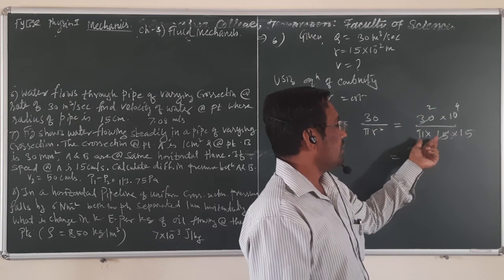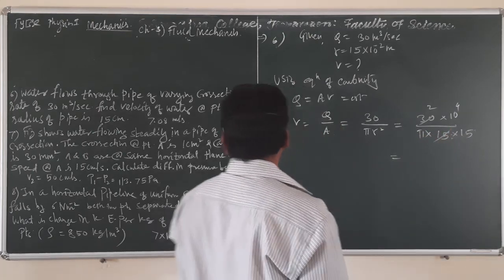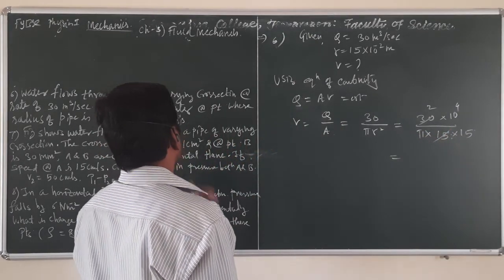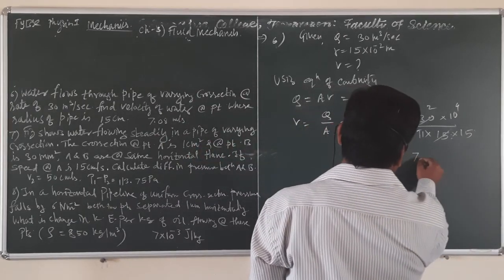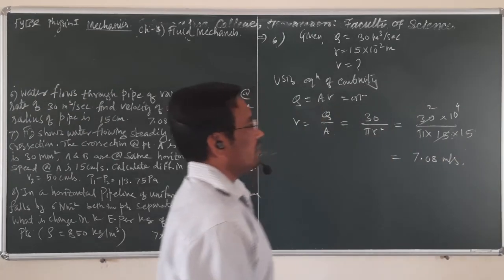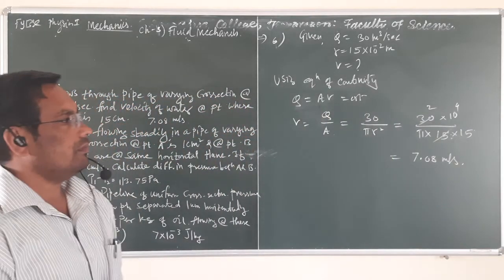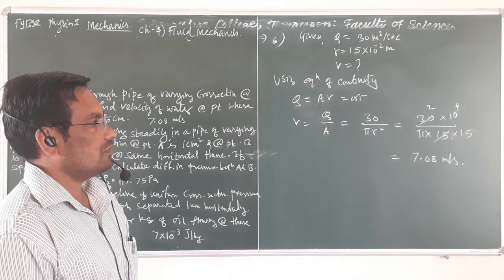So 20,000 divided by 15 into pi. If you solve this, you will get the answer 7.08 meter per second. So this is the velocity of that liquid.